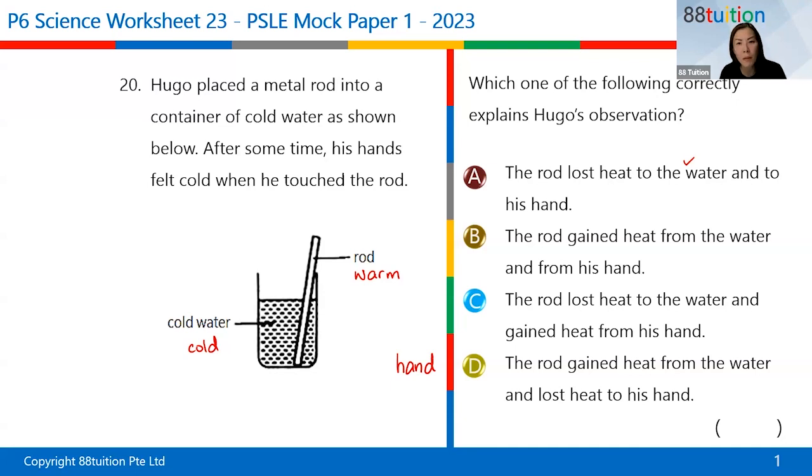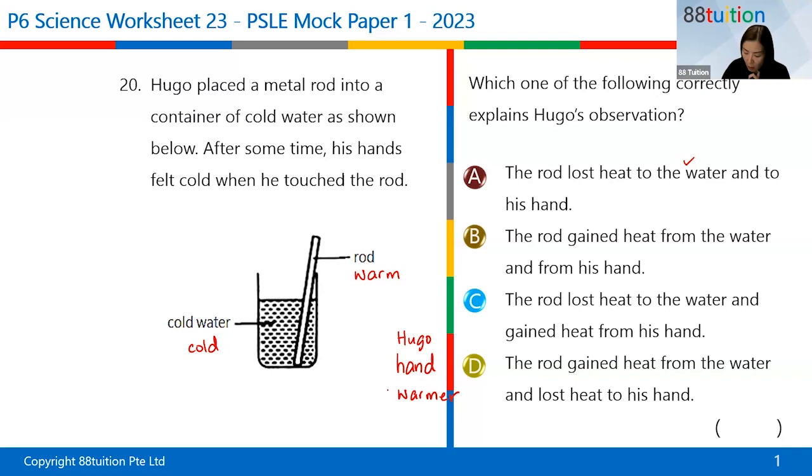Yancy, how about you? I think I've accidentally muted my mic. So what is it? The hand will definitely be warm. Okay, so which is warmer, the hand or the rod? Hand.